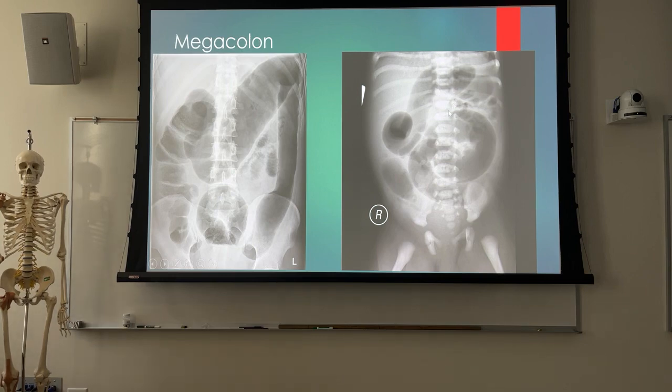Kids born with it, they've just got a portion of the bowel that doesn't work right, and they'll probably have to have surgery to correct that. This one over here, that patient's got colitis. You get that stovepipe appearance where you lose the haustral markings, and that led to this person's bowel obstruction, megacolon.